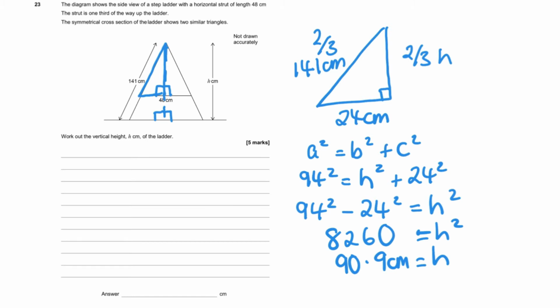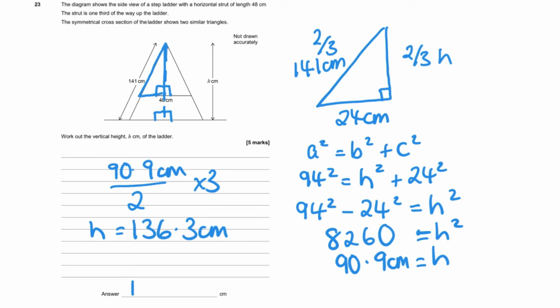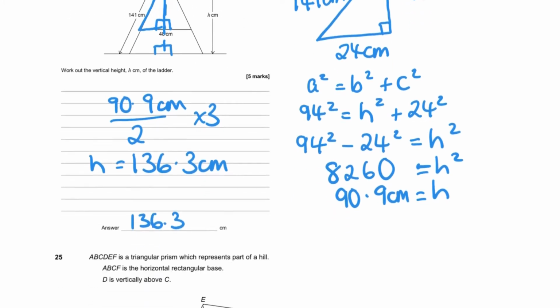But if you remember, if we go back to our diagram, that h is only 2/3 of the overall height of the triangle, because we were looking at this smaller one. So we need to divide the 90.9 centimetres by 2 to find out 1/3, then times it by 3 to get the whole of h. So h is equal to 136.3 centimetres, which can pop down there as our answer.